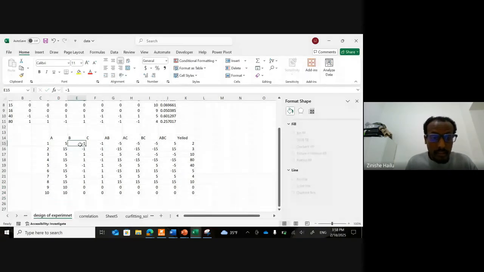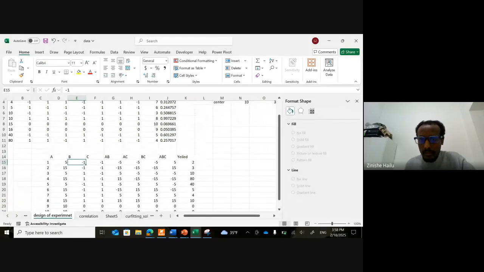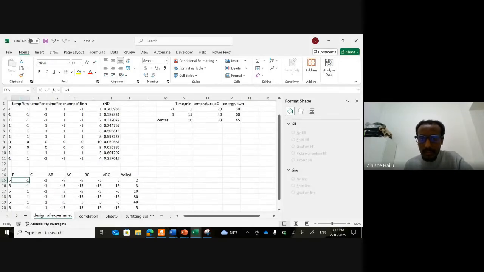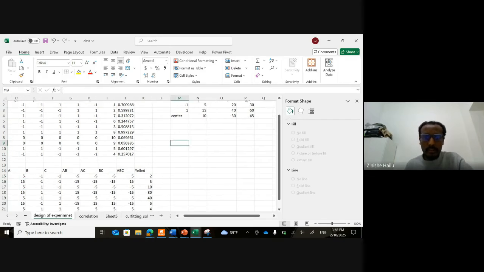Then the B is the temperature. Minimum is 20, maximum is 40, and the mid is 30.